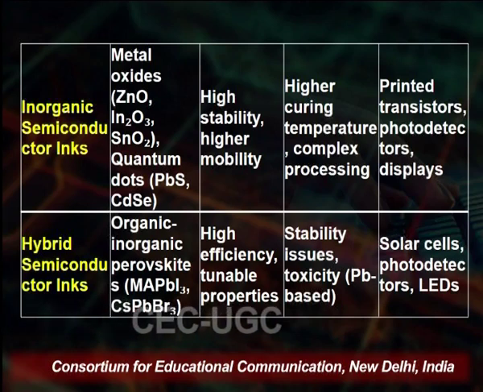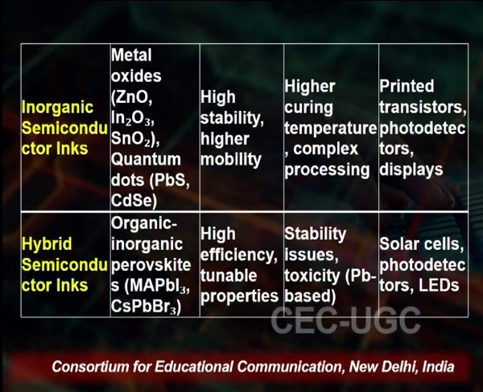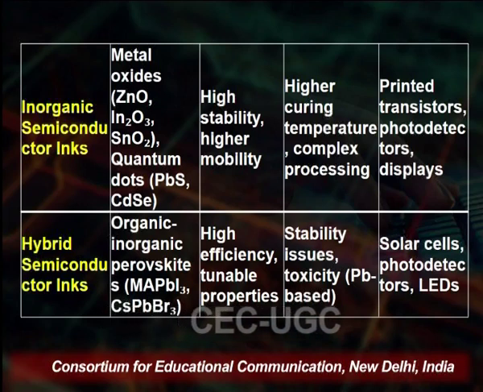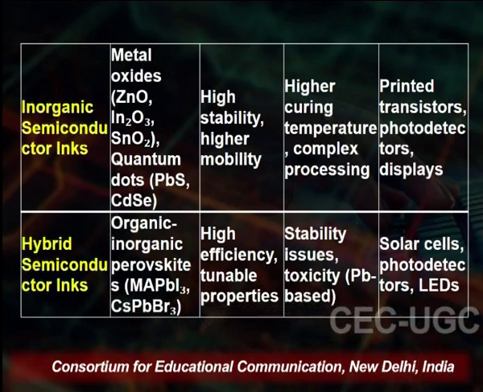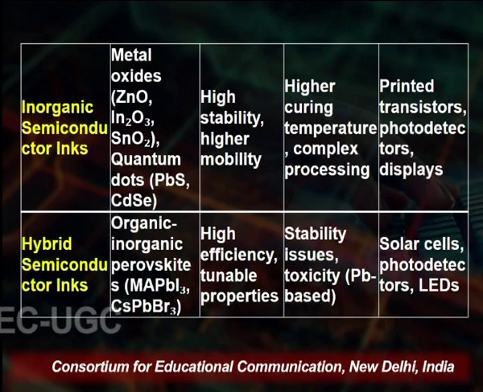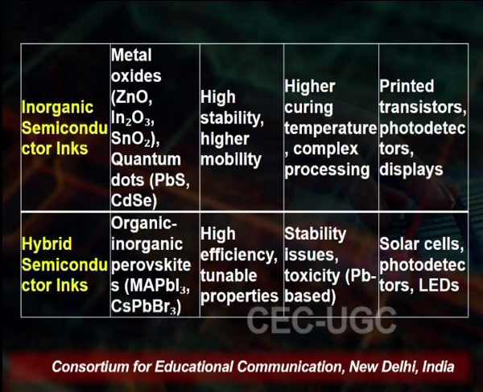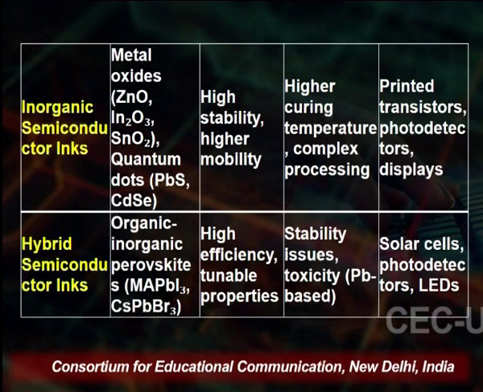We get a combination with high efficiency and tunable properties, as we take two or three inks and they can be tuned accordingly. The challenges are stability issues and toxicity. We prepare solar cells, photodetectors and LEDs using this hybrid semiconductor ink.